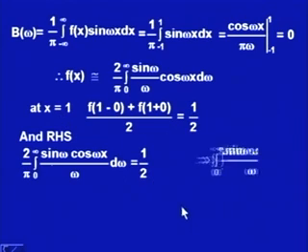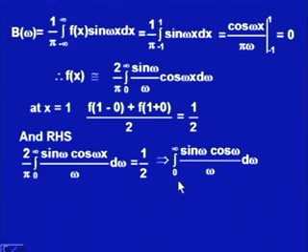So the integral 0 to infinity of sin omega cos omega upon omega d omega, this we could write as pi by 4, because the 2 would come over here.